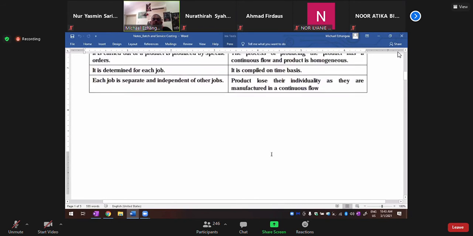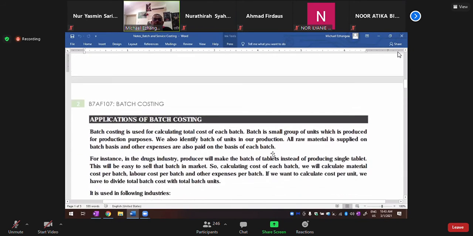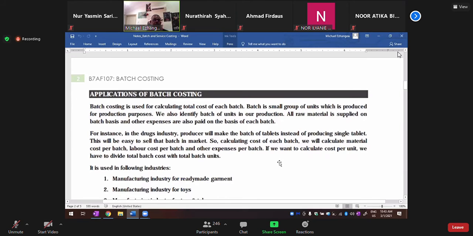Now, application of batch costing. It says batch costing is used for calculating the total cost of each batch. A batch is a small group of units produced for production purposes. Simple English: we apply batch costing knowing that although we're going to make the product for a period of time, we're not going to make it forever.